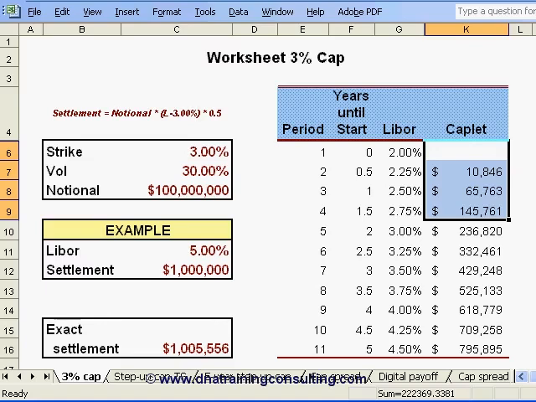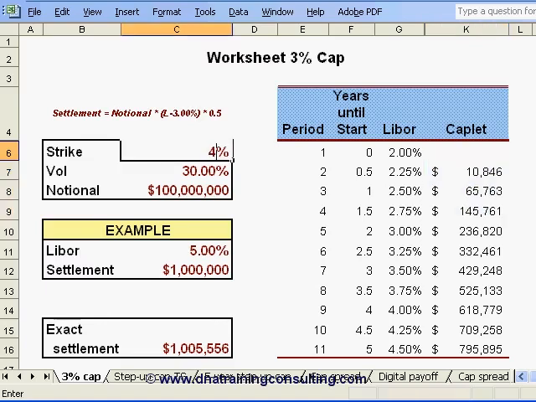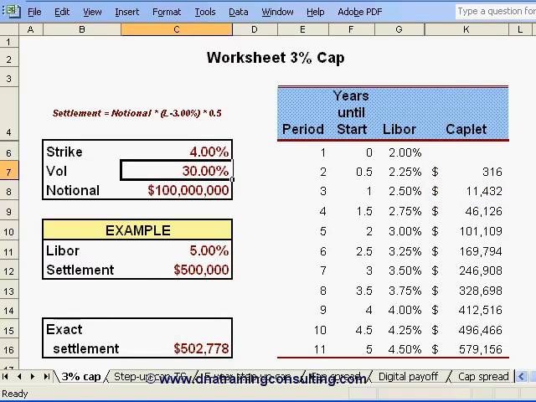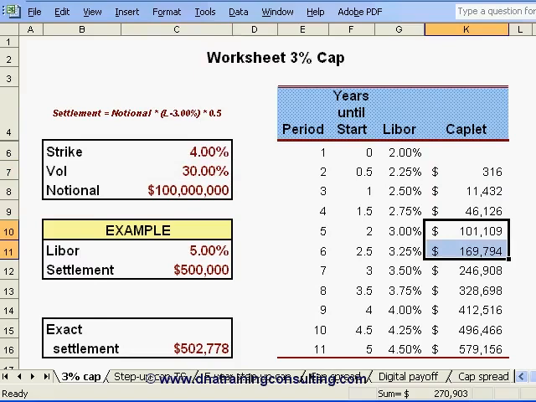We now change the strike to 4% and add cells K10 and K11. This gives us $270,903.